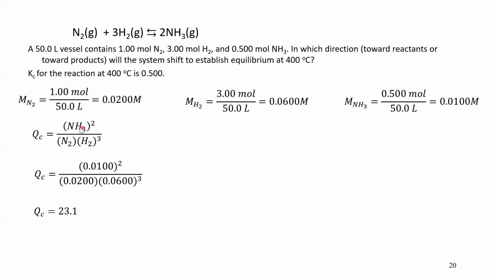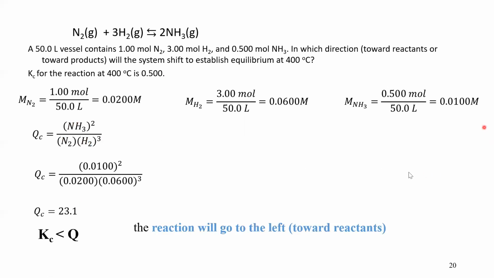Well, if Q is product over reactants, and we want that value to go down, the products are going to have to go down and the reactants are going to have to go up, which means the system is going to be shifting towards the left, or towards the reactants.